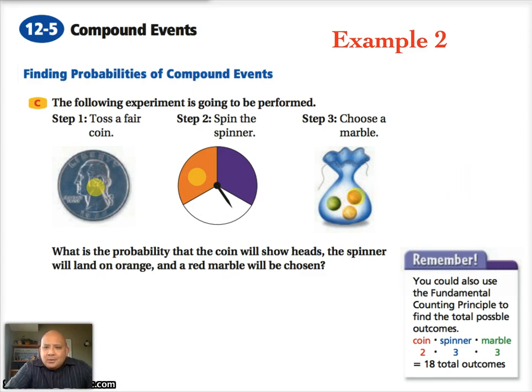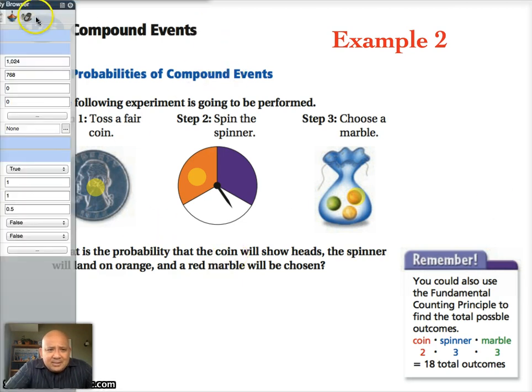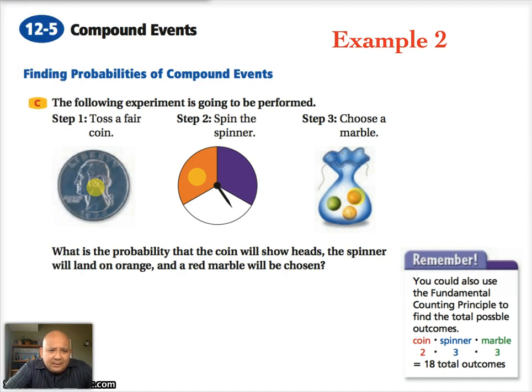which I just turned into yellow. So before we actually list out these outcomes, let me go ahead and remind you of the fundamental counting principle, where we take the number of outcomes of the coin, 2, heads or tails, the number of possible outcomes from the spinner, which is 3 outcomes, and the number of possible outcomes coming from drawing a marble out of the bag, possibility of 3 as well.